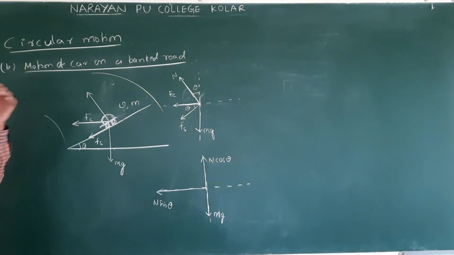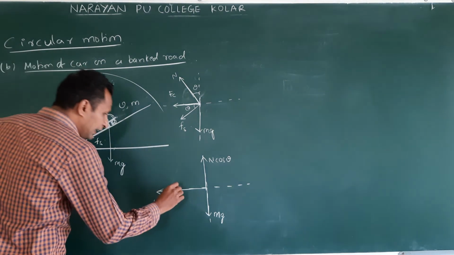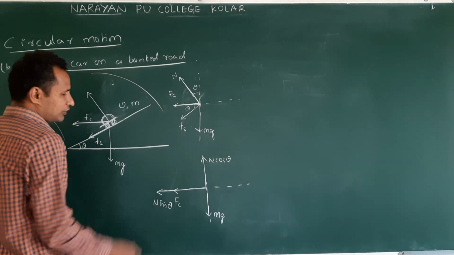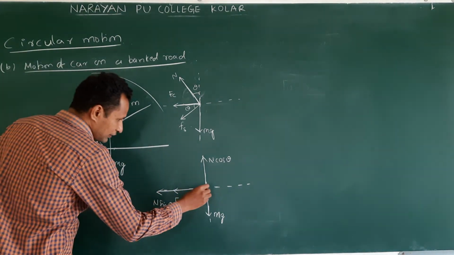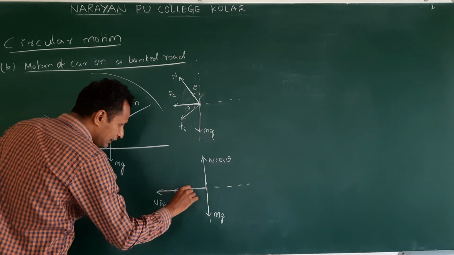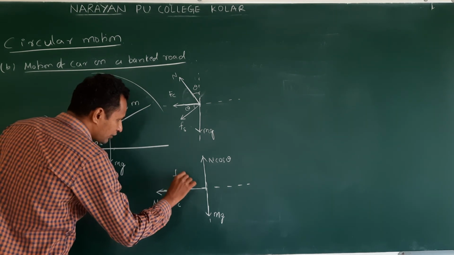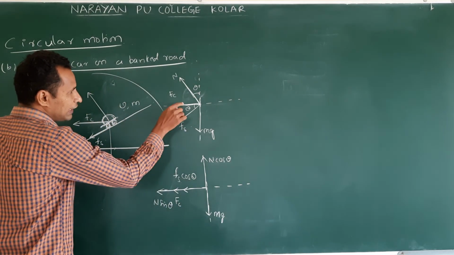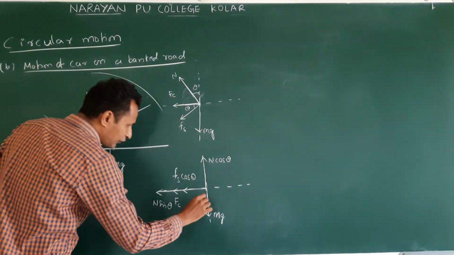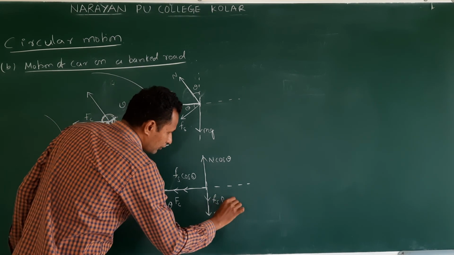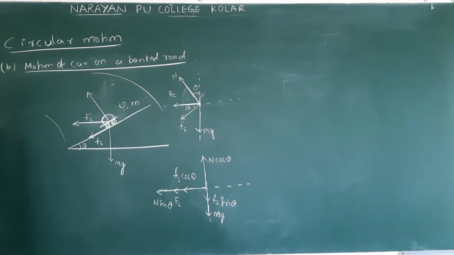Clear? Already Fc is acting along the x axis but in the negative direction. Fs is making an angle with the x axis. So I can write Fs cos theta along this direction, and another one along the y direction, Fs sin theta. Am I correct or not?